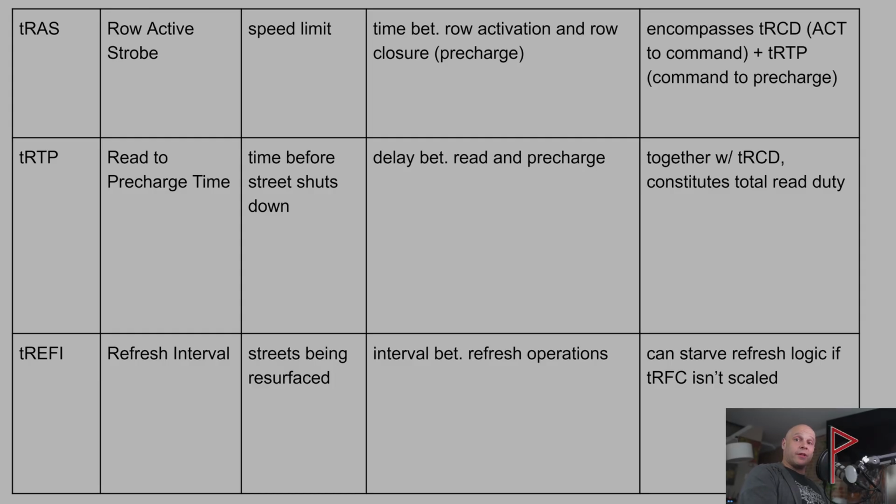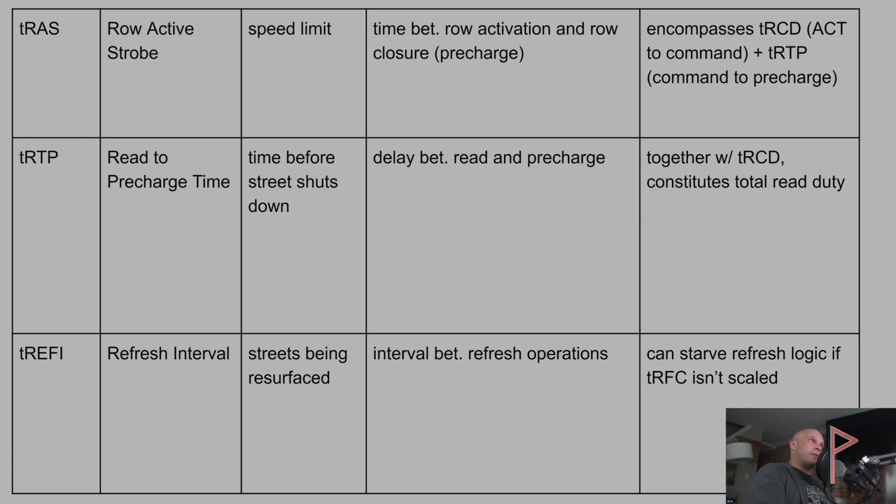There's other ways you can calculate it, and in many ways other values can take up that workload more so than tRAS can, but whatever. But if you wanted to, you could just take tRCD and tRTP, add them together, and get your tRAS. tRAS, speed limit, row activation, row closure, time between those two. tRTP, read to pre-charge.